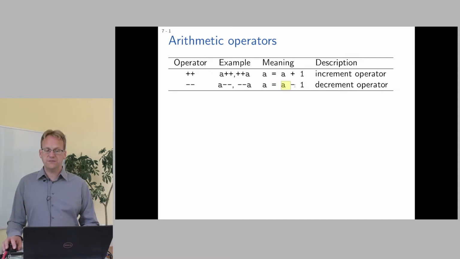So the current value in a is evaluated, then 1 is subtracted from that, and the output is then assigned to variable a. So then we have decremented a by 1 with this expression, a minus minus. It's kind of a shorthand for this expression.